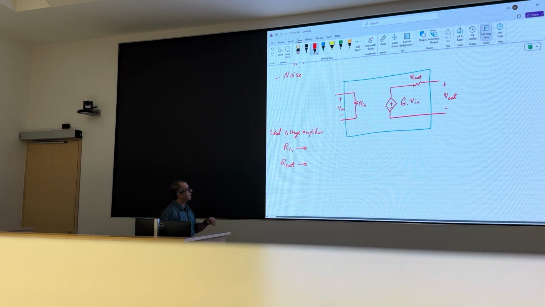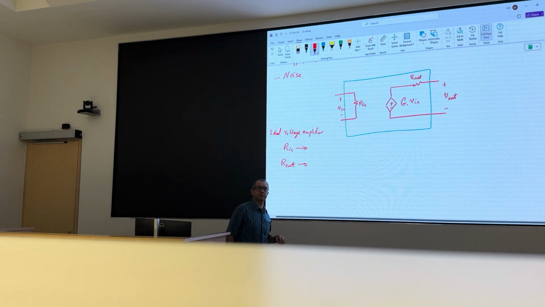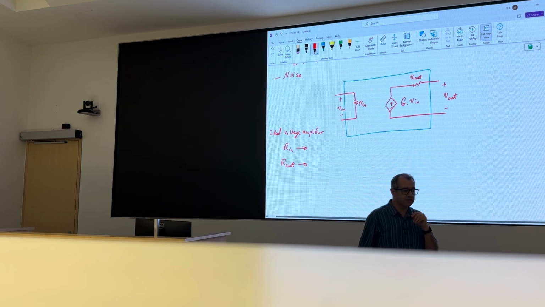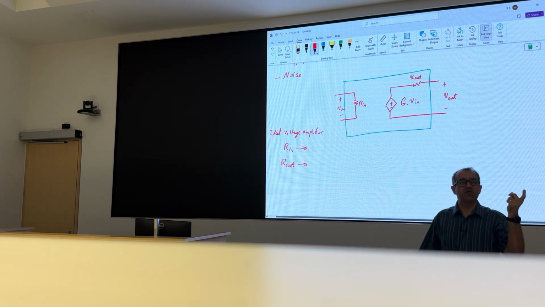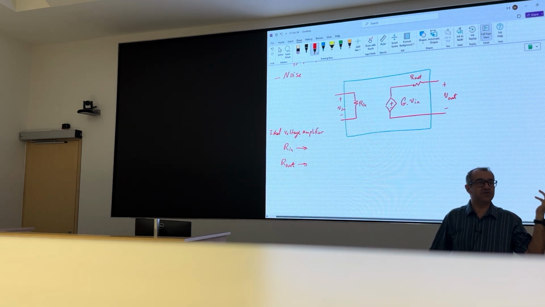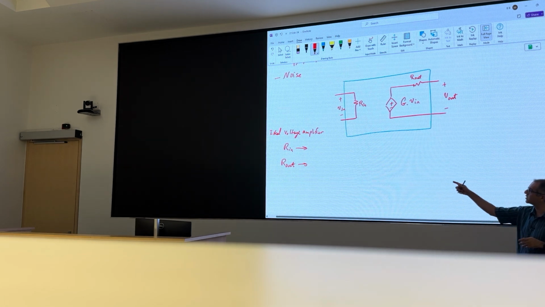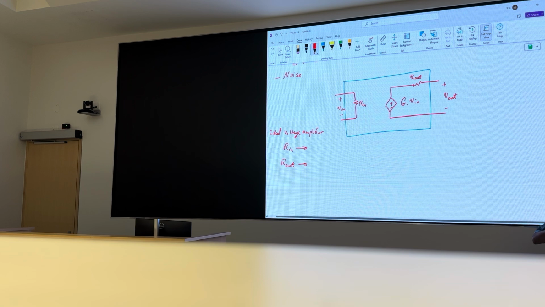The same? You said something about that. So I give you an answer that is not right. For RL, I want both of them to be 50 ohms, but that's not the answer we want to have. Right? Well, what is an ideal voltage amplifier?